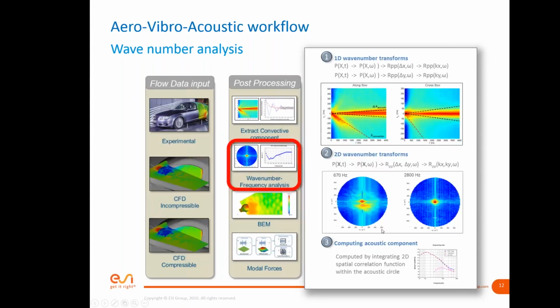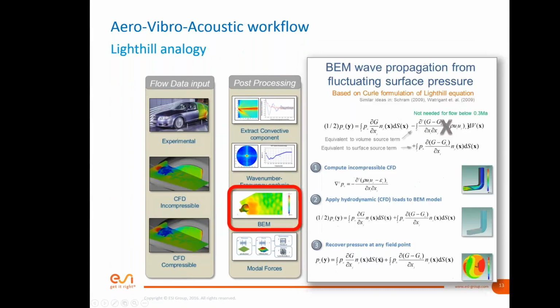Those energies can be processed to compute the spectrum corresponding to the turbulence, which is the convective component, and the acoustic part of the noise source.